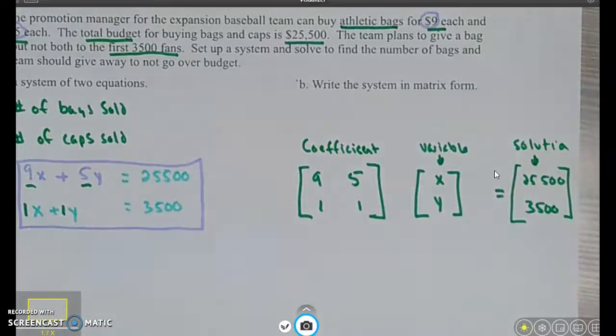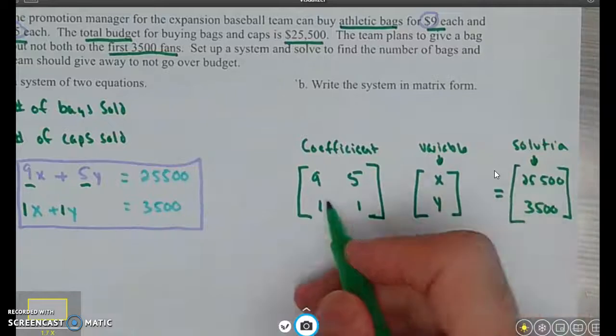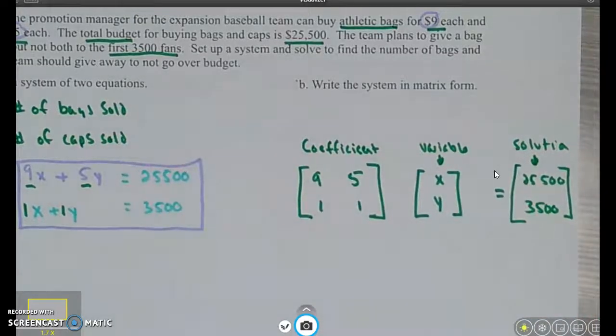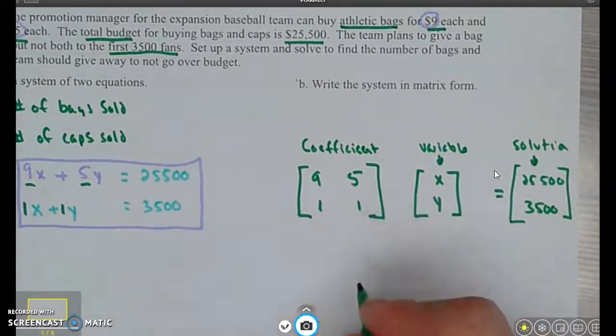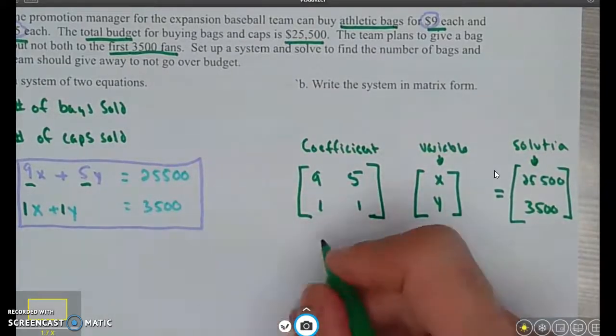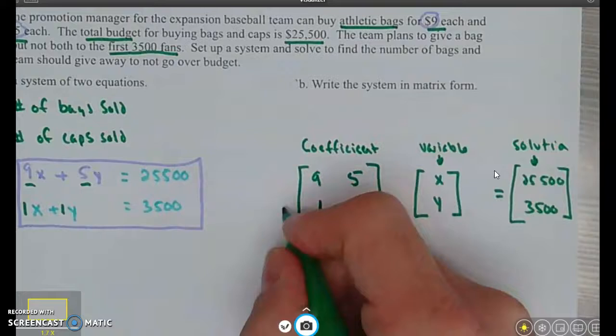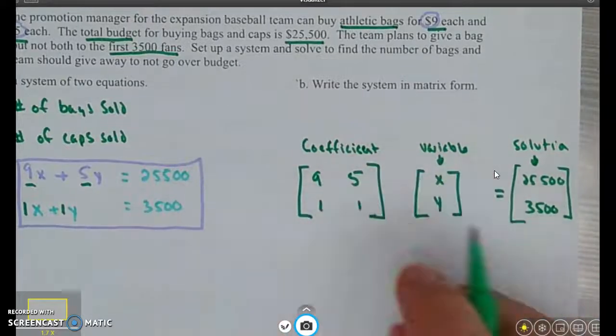Now, how do we solve an equation? Well, we always divide both sides by what's being multiplied. Well, it's kind of hard to do that with matrices, so that's where the inverse comes into play. So what we're going to do is find the inverse of this matrix.